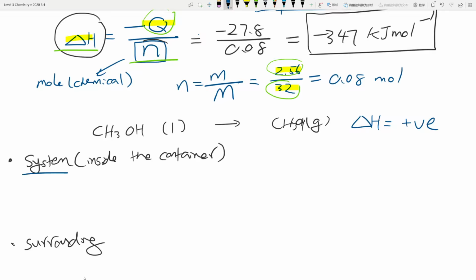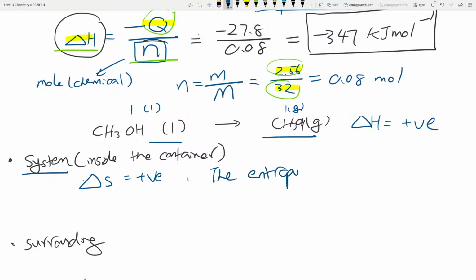So let's look at the system. You look at the states. You went from 1 mole of liquid to 1 mole of gas. So that means the delta S inside the system is going to be positive. The entropy increases because you have more gas particles.